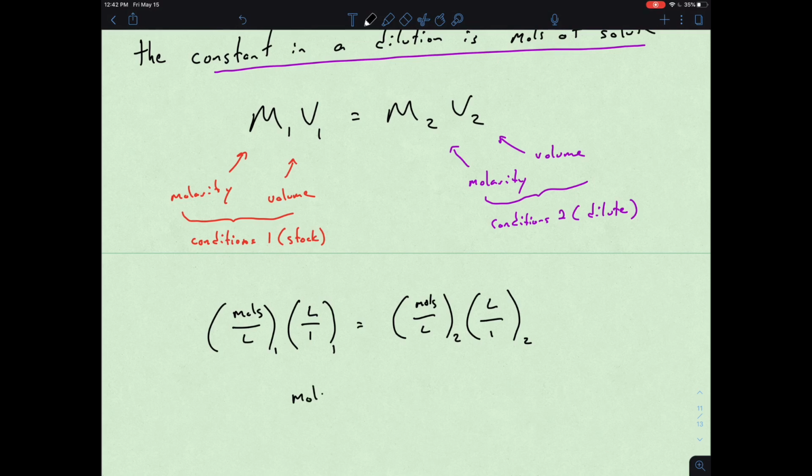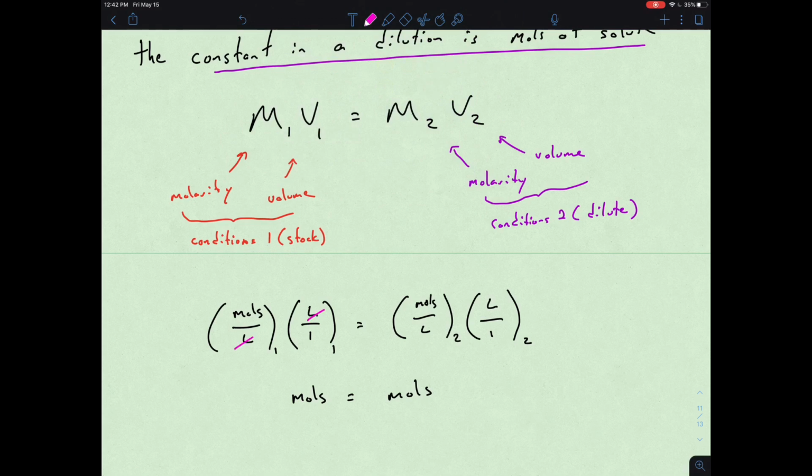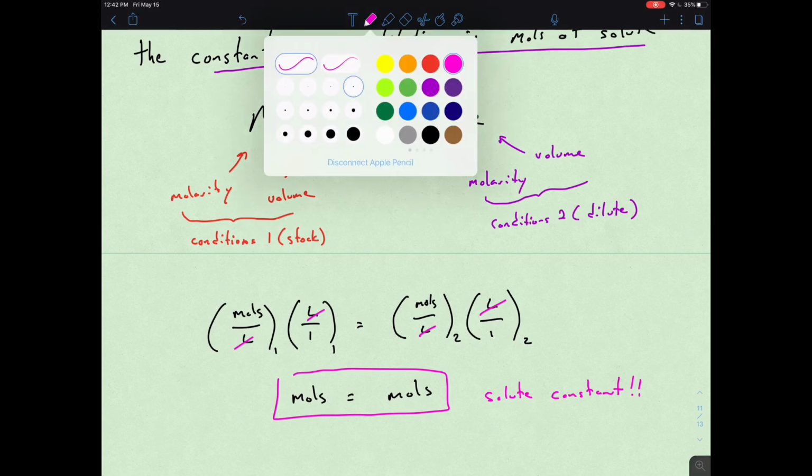And at the end of the day, right, once those cancel out, we're left with moles is equal to moles. And that is our solute constant. So we need to understand how to do dilutions as well. Let's do an example of a dilution.